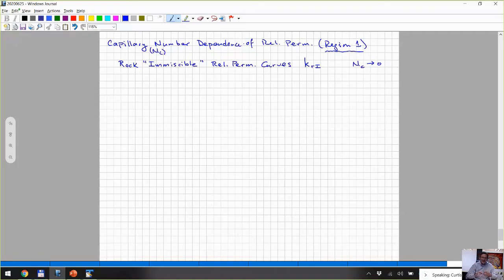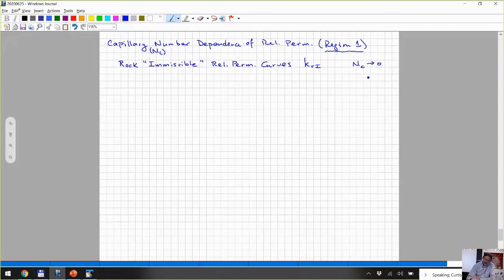You get this additional constriction and extra pressure drop to get the phase to flow at the same rate through the rock in the presence of another phase, maybe 2 other phases. So these rock rel perm curves are giving the maximum contribution of the rock pore structure, pore size distribution, connectivity, etc.